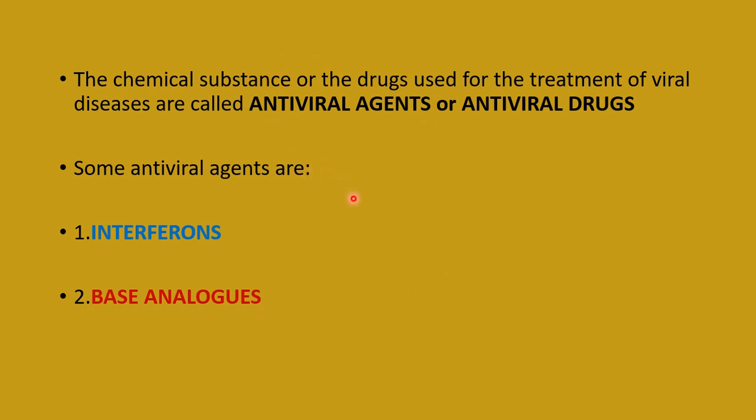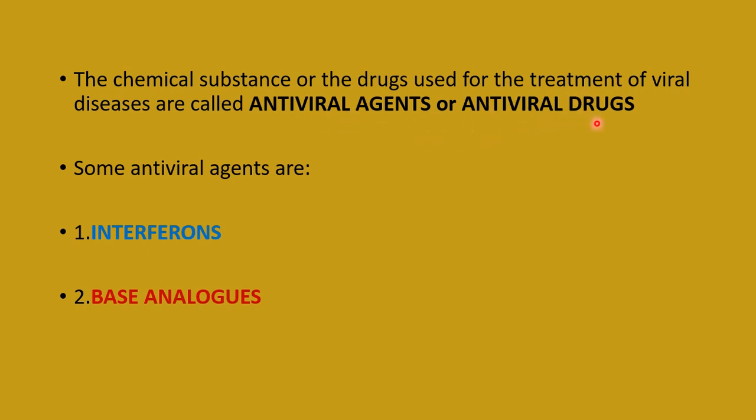First of all, what is meant by antiviral agents or antiviral drugs? The chemical substances or the drugs used for the treatment of viral diseases are called antiviral agents or antiviral drugs. That means whatever chemical substances or drugs are used in the treatment of viral infections or diseases are called antiviral agents.